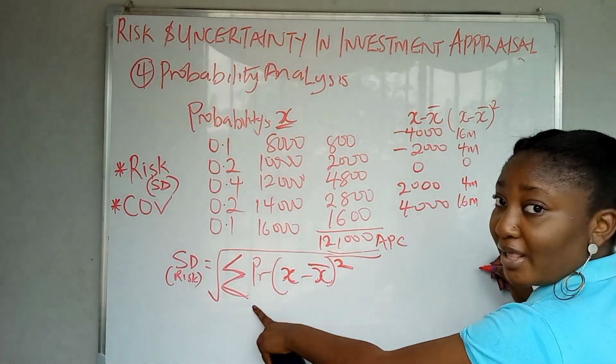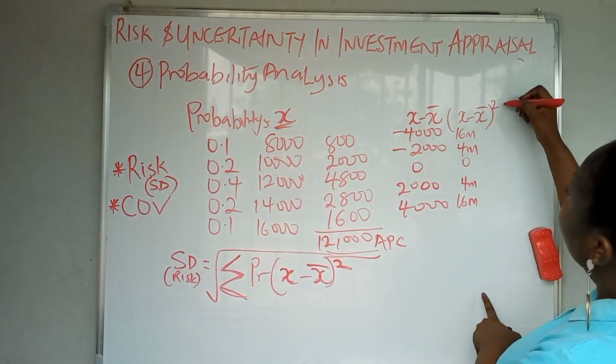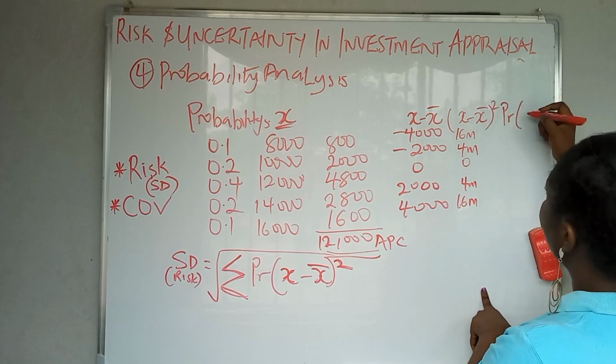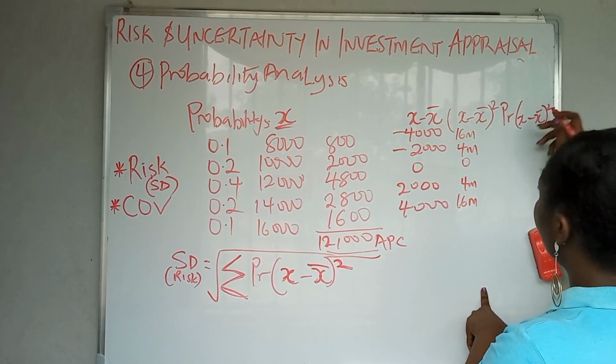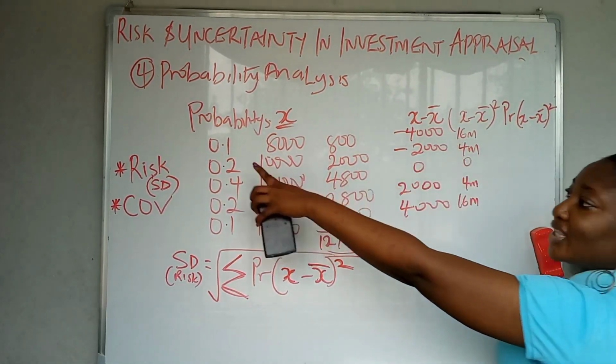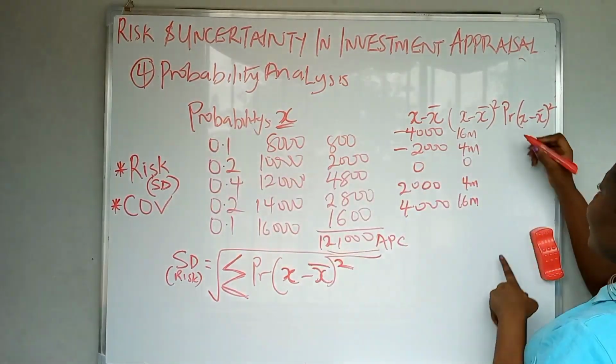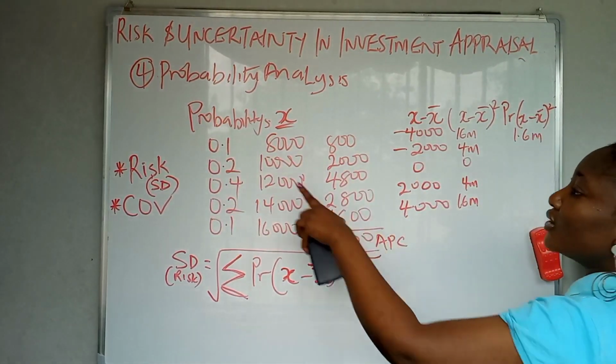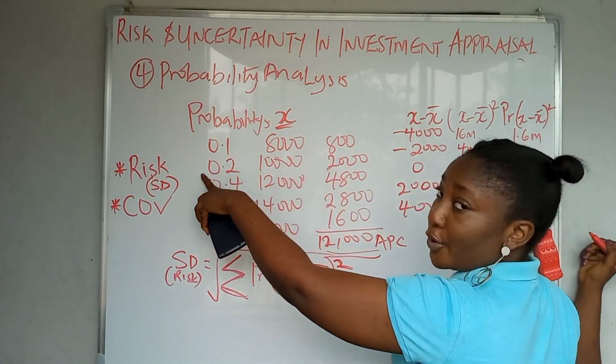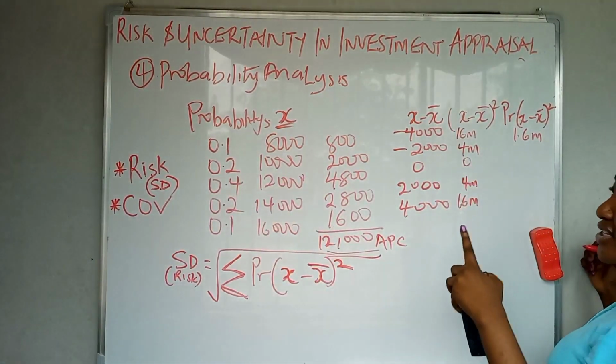Then you now multiply by probabilities, right? That is probability multiplied by what you have here, x minus x bar squared. So this 16 million times the corresponding probability, that's what? 1.6 million. This 4 million times 0.2, 2 times 4 is 8, right?